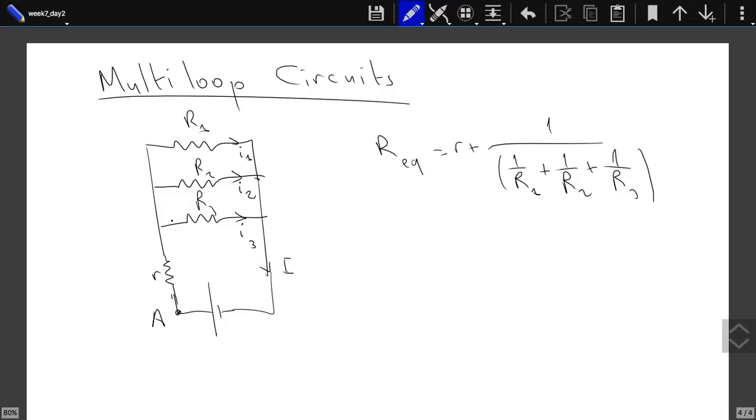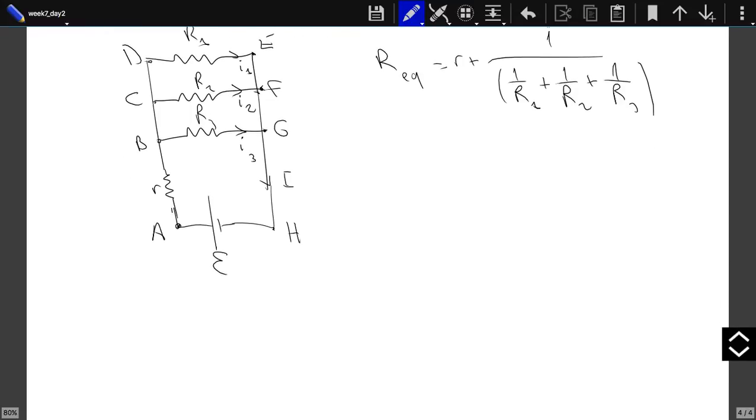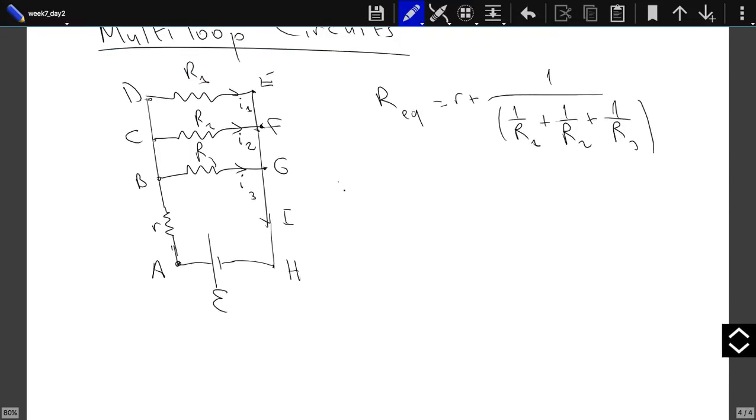Let's again give some names: A, B, C, D, E, F, G, and H. This has the EMF, let's say epsilon. Let's start with VAA. This should be 0.